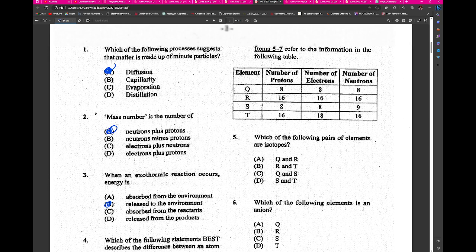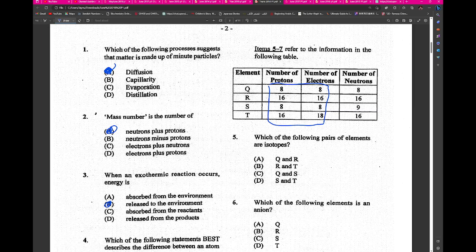Which of the following pairs of elements are isotopes? So what are isotopes? They have the same number of protons, but a different number of neutrons. Look at this.